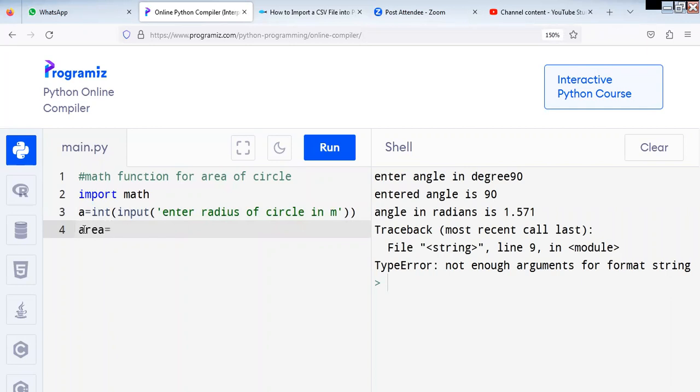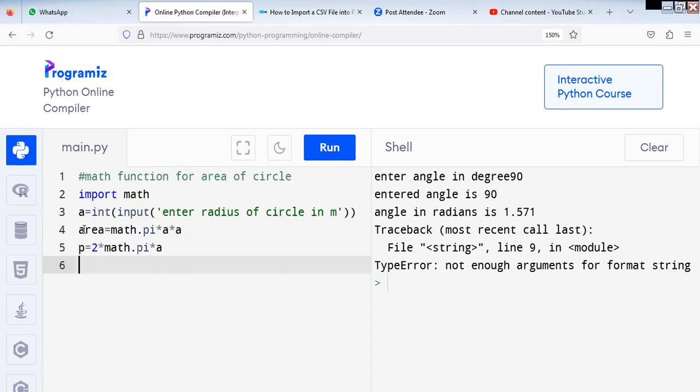How do we find it? Pi r square. We say math dot pi into r square. So this is area. Then you can find perimeter, or we can just say P. Perimeter is equal to what? 2 pi r. So it is 2 into math dot pi into r. R is what here? A.